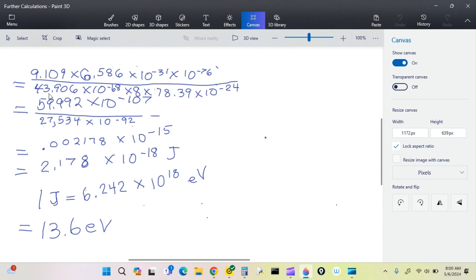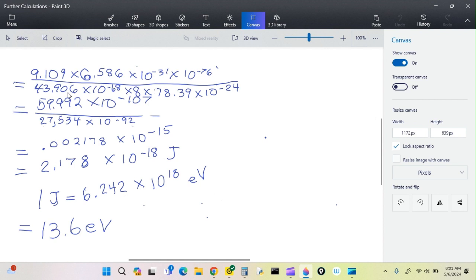And let's see what we've got going on here. Where did the 43 come from? Anyway, somehow we got the 43 here, 43.906.